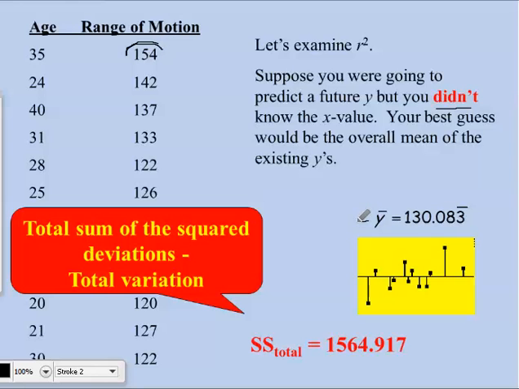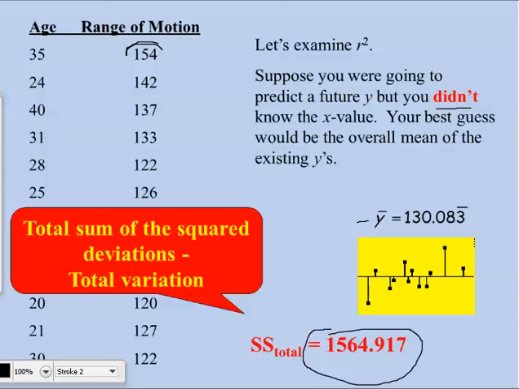That'd be your best predictor. If you used that and found the total sum of the squared deviations from it, you would get a number like this. Remember that number.